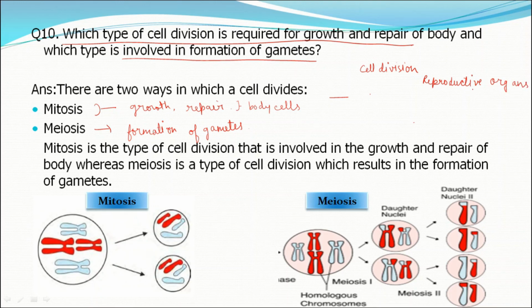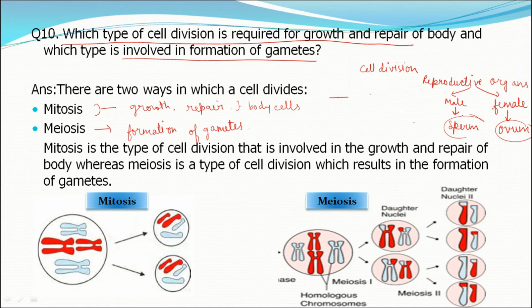And these organs are different in male and female. So that means male will produce a different type of gamete and female produce a different type of gamete. So male produce the gamete which is known as the sperm, and female produce a special type of gamete which is known as the ovum.